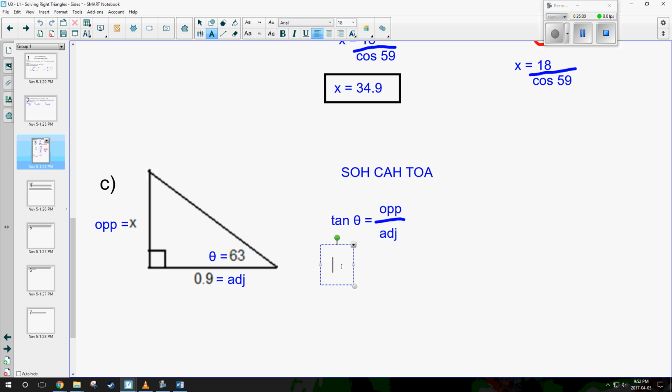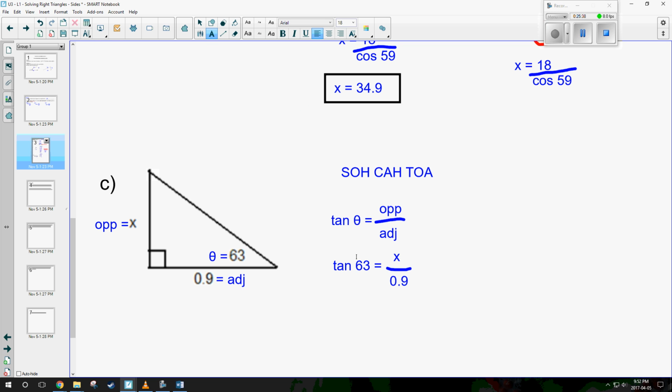So let's plug in what we know. We know that our angle theta is 63 degrees, our opposite is a value of x, and our adjacent is a value of 0.9. So we get tan 63 equals x divided by 0.9.